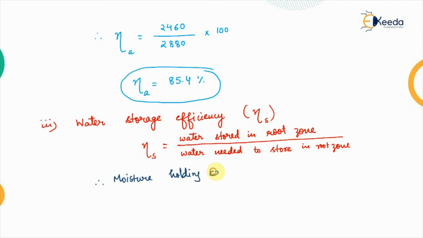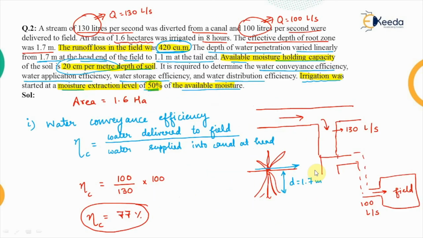Therefore the moisture holding capacity of the soil is given as 20 centimeter per meter depth of the soil, and in total the effective depth of the root zone was given as 1.7 meter.